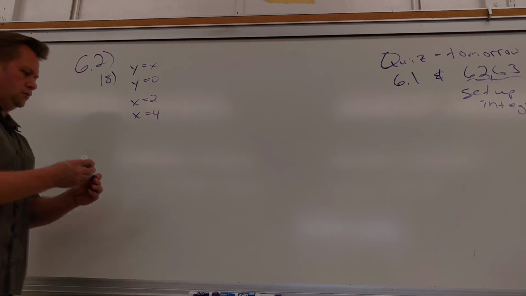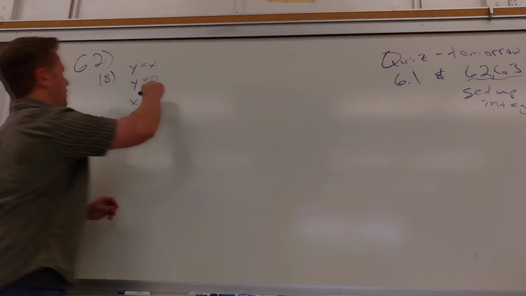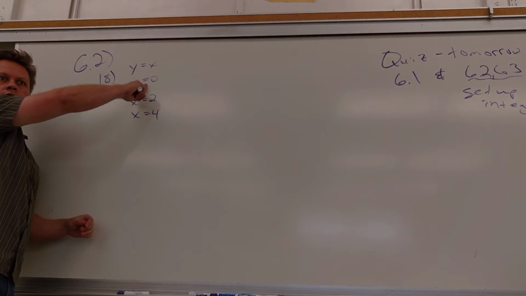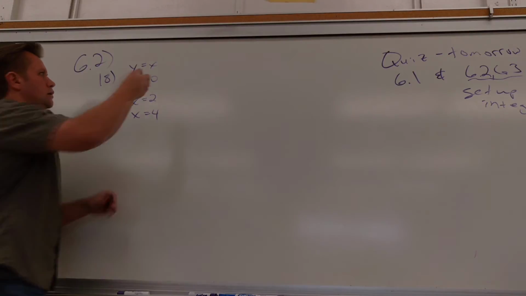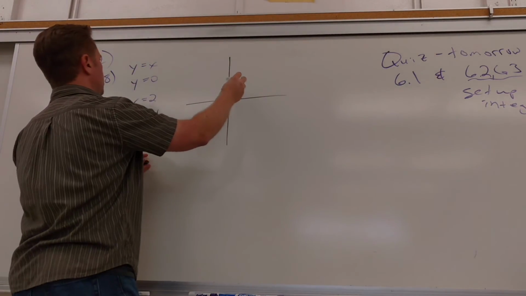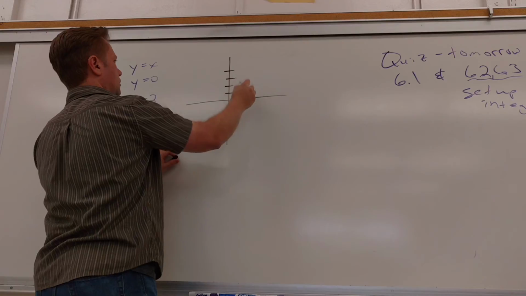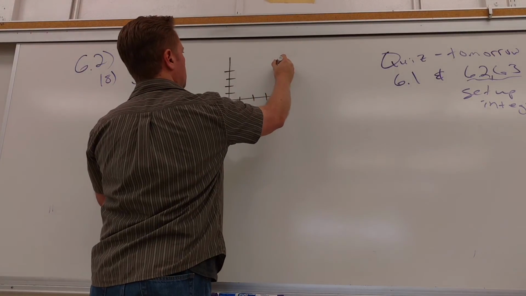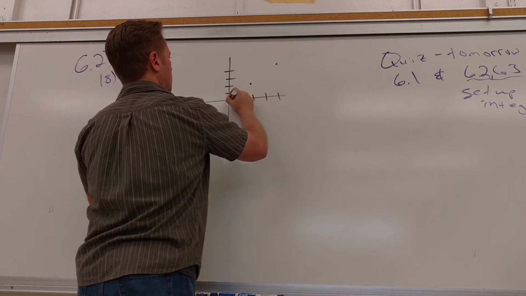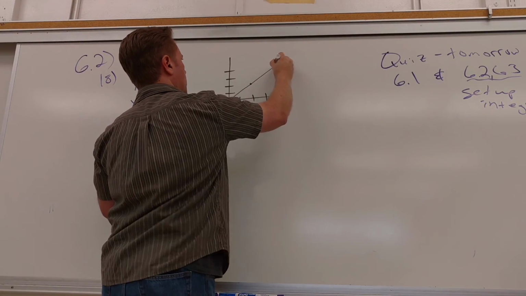All right, we catch up to, what is this better known as? X-axis. I love it. Y is 0 at the x-axis. So let's see what we got. We got y equals x. Okay, that's easy. Here's 4, 2. Make that big.